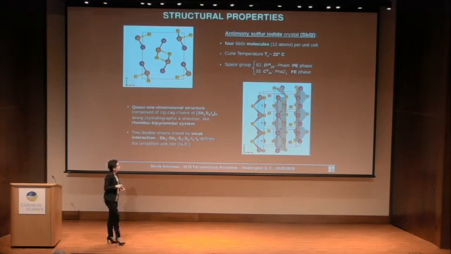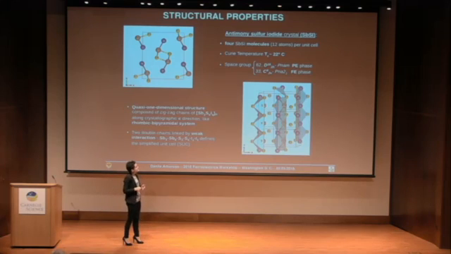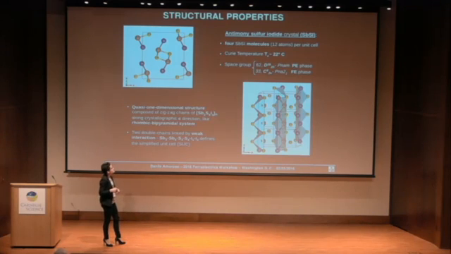From the space group point of view, the high symmetry reference, that is the paraelectric phase, belongs to the Pnam space group, whereas the polar phase belongs to the Pna2_1 space group. Interestingly, the Curie temperature is about room temperature.